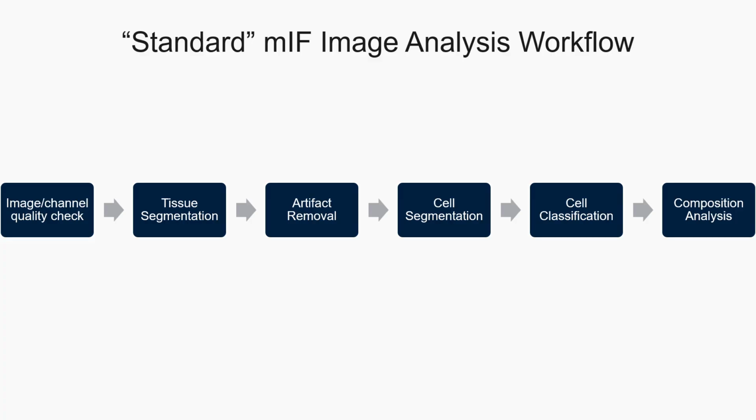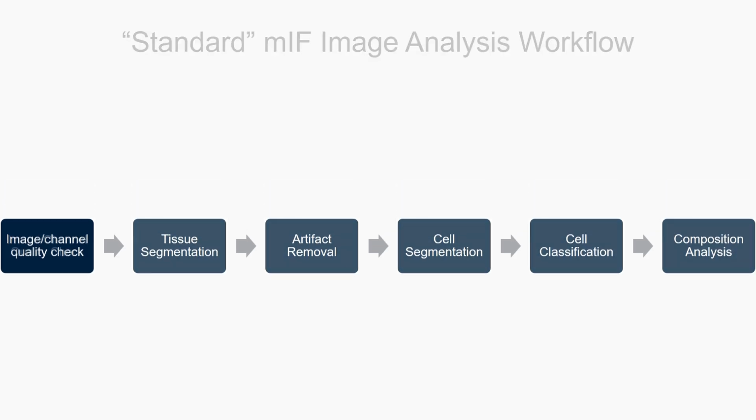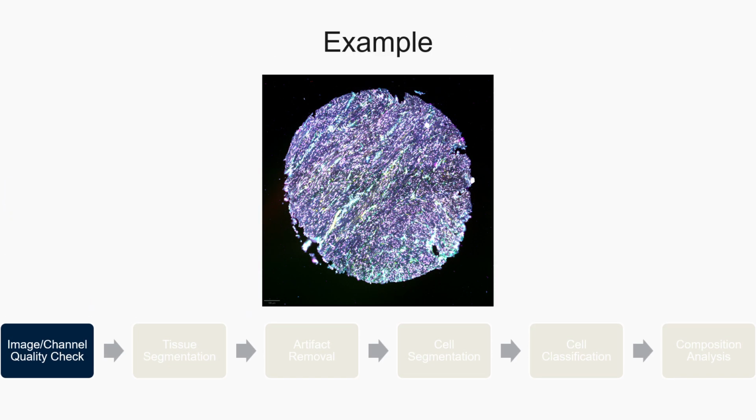So how does this relate to multiplex immunofluorescence images? Well, in this workshop, we'll be focusing on this workflow, which is distinguished as these 6 steps. For example, in this image of a tissue microarray, we have a single core.